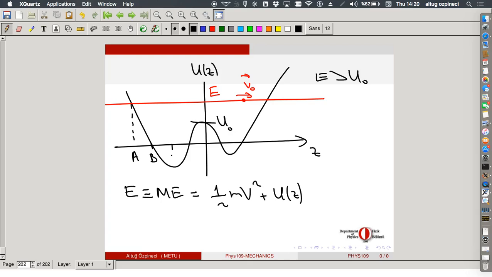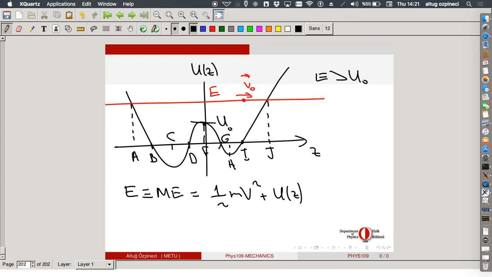So at this point, let's just give some names to these points. A, B, C, D. This point is F, G, I, J. Now, close to the point I, my object is moving here, the kinetic energy is decreasing and the potential energy is increasing.